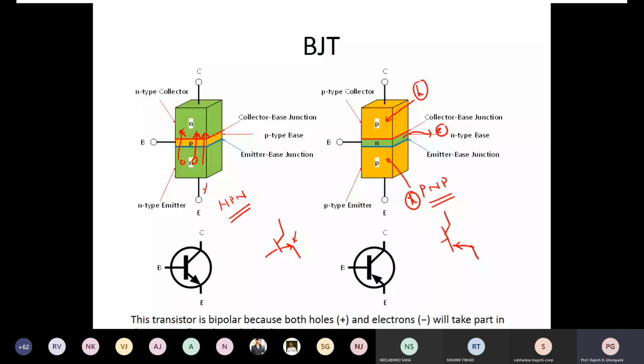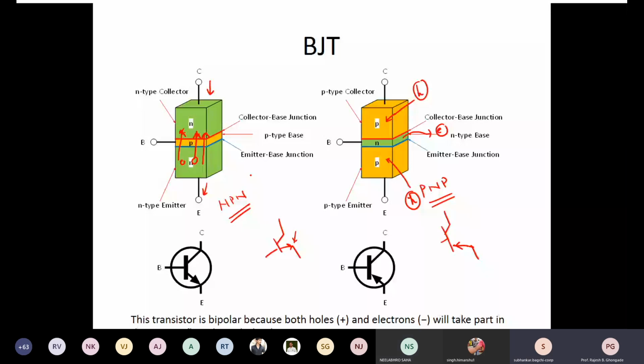Why do you say that? It should have been the other way around, no? Electrons are going from this to this. Look at the direction of electron flow. In spite of that, why is it so?